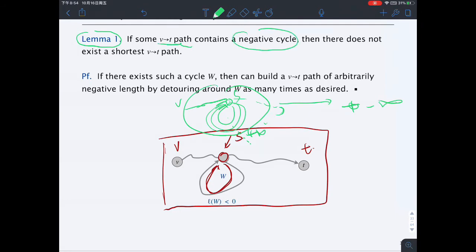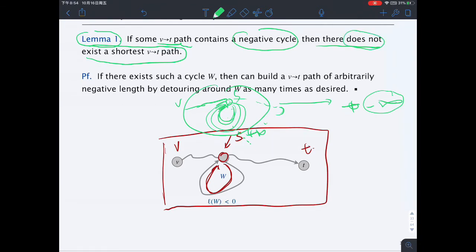Let's also look at what this lemma talks about. If for some path that contains a negative cycle, then there does not exist a shortest path. When we just keep using this loop, we will have a path that has infinite weights.